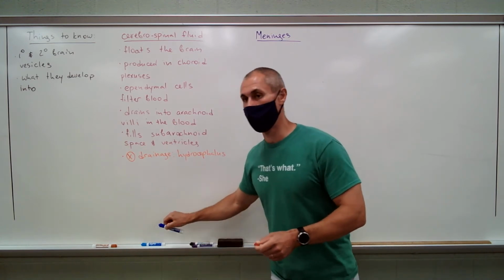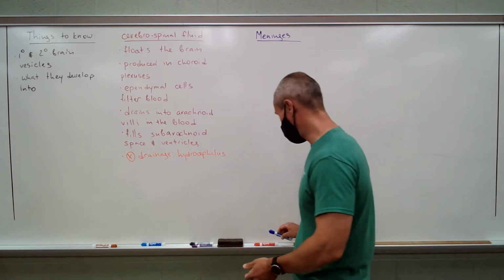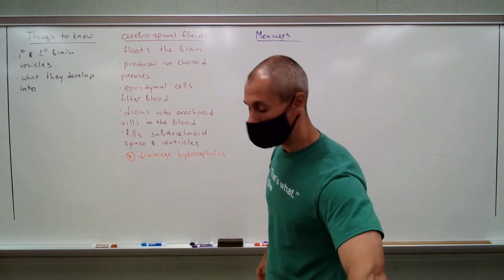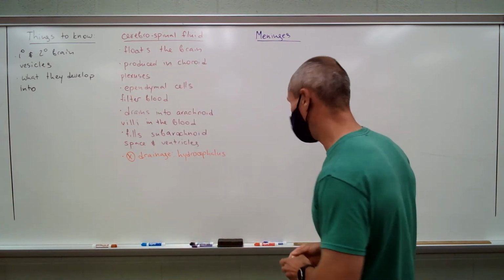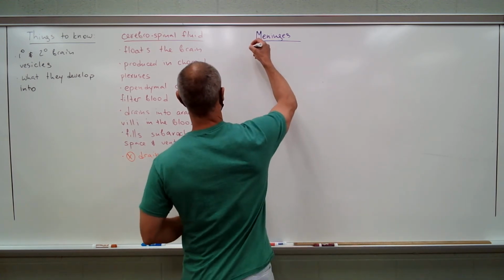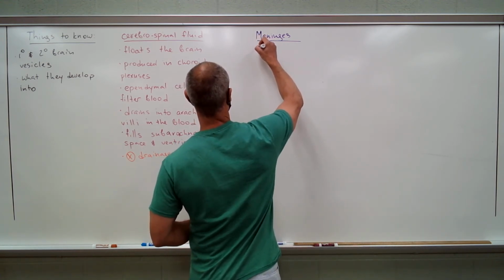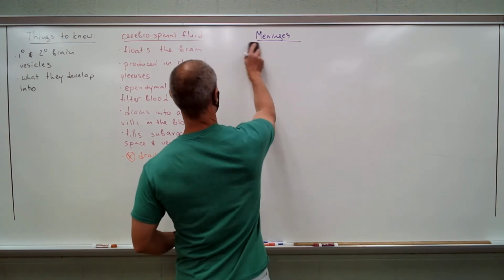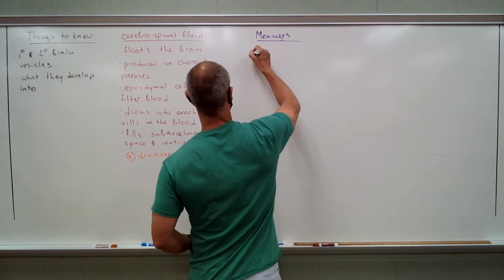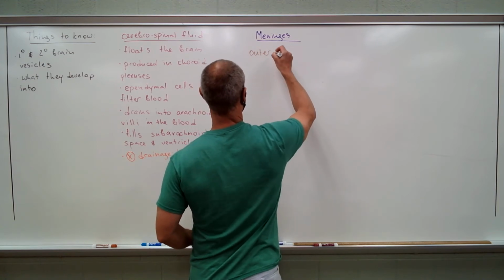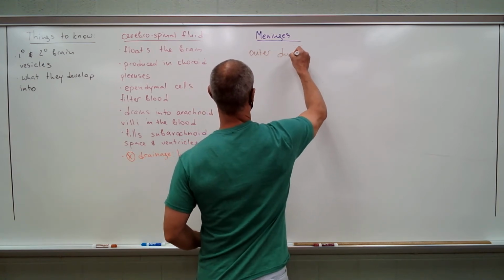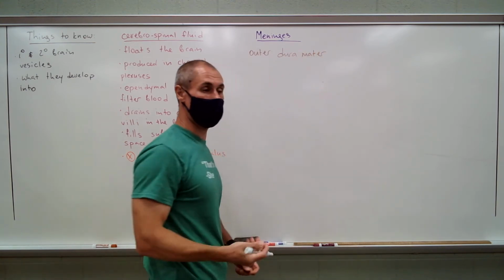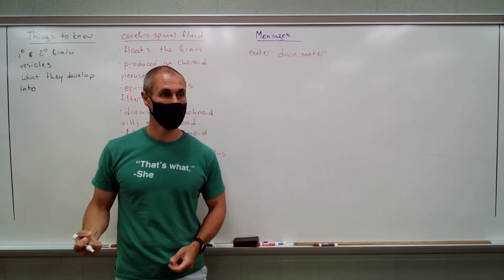So we, as all good people, are going to start with the outermost layer of meninges. It's called dura mater. Dura means sturdy. Okay?